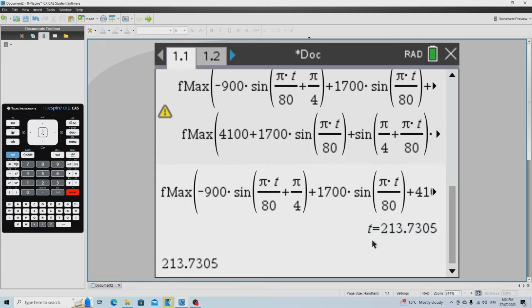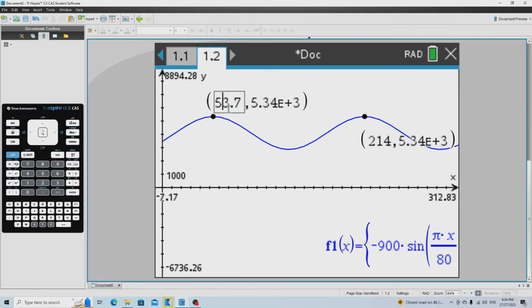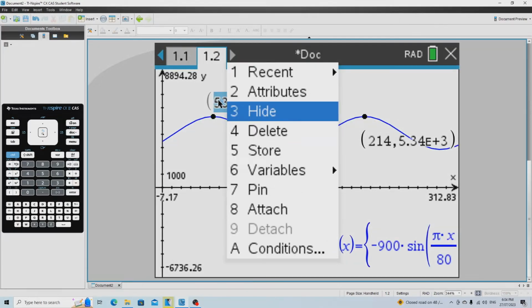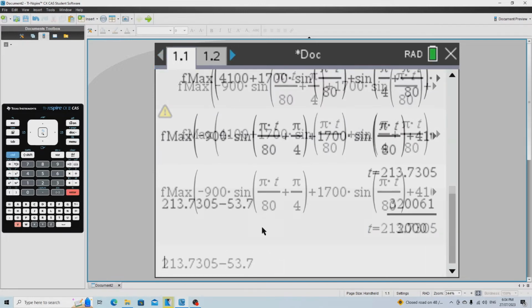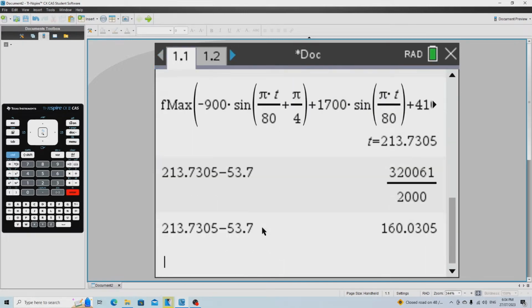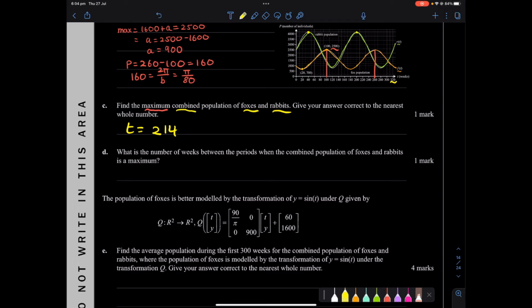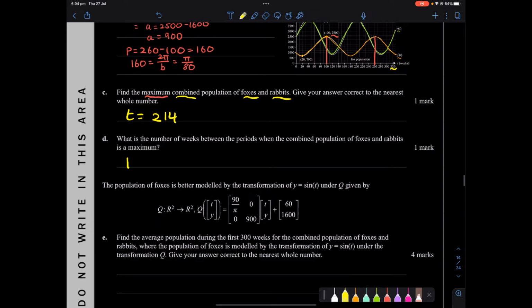Take this over here, minus, copy over here, and so what is the number between these two? It's just 160. I hope that's right.